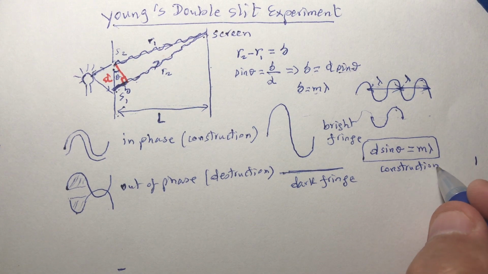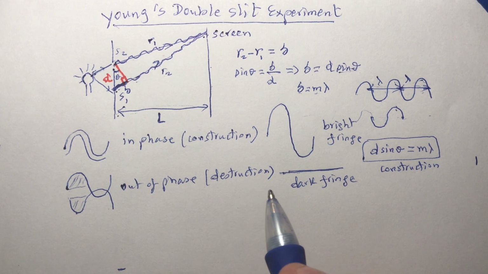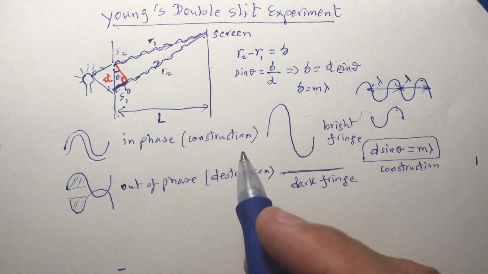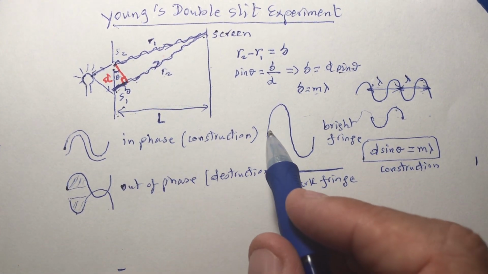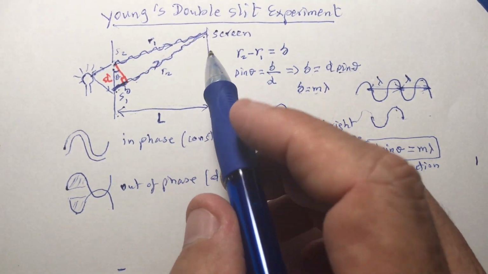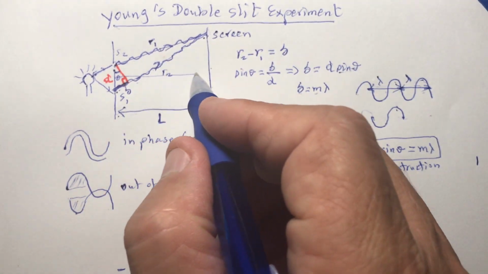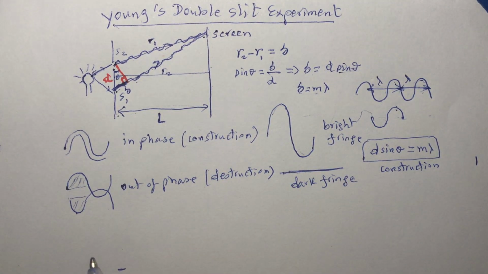The waves construct. Now, what does it mean? It means that you have a bright fringe. On the screen, you see something like, let's see, we come over here, for example. I'll show you.